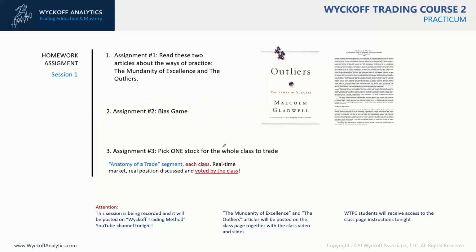And assignment number 3 is going to be to think about one stock or one instrument that you want the whole class to trade. So please make sure that in the next class, when we're going to have this discussion, you know exactly what you would like to trade, and we'll go by elimination and figure out the instrument that would be of interest to the majority of the people.